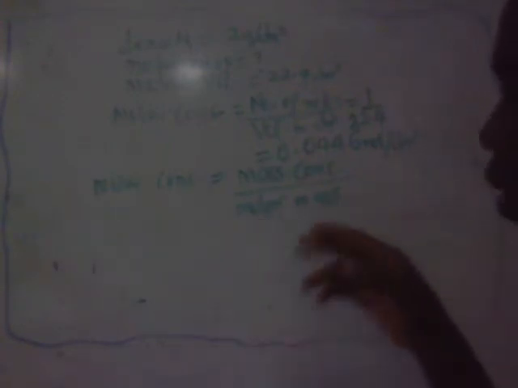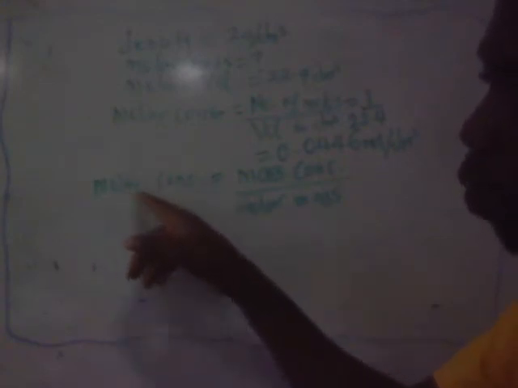So molar conc equals mass conc over molar mass. The unit of molar conc is mole per dm cube. The unit of mass conc is gram per dm cube. The unit of molar mass is gram per mole.